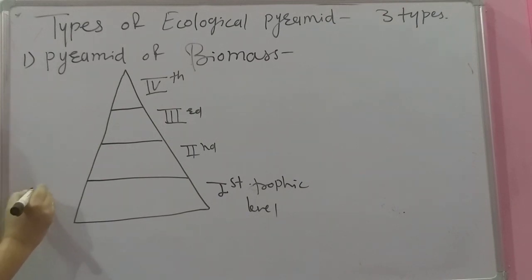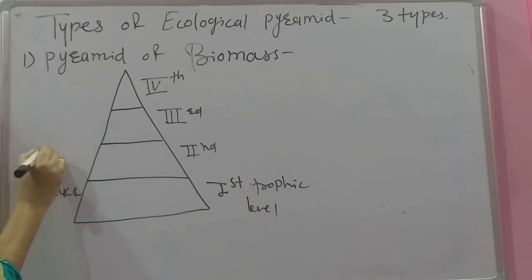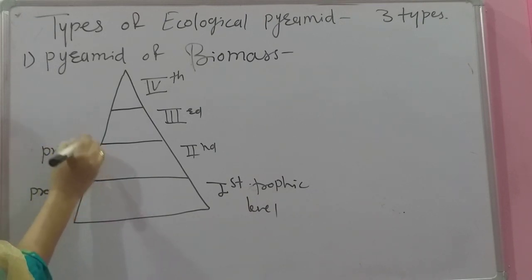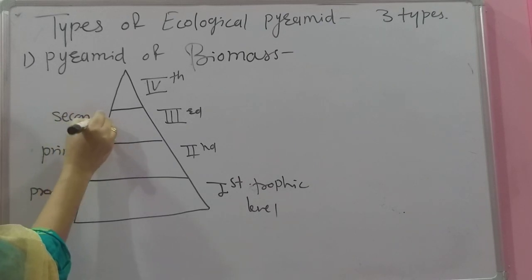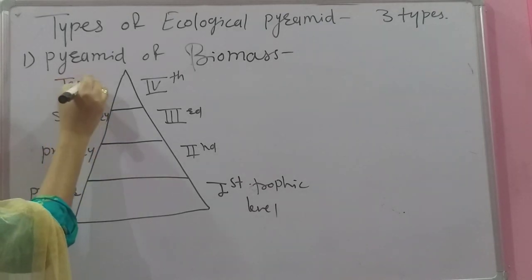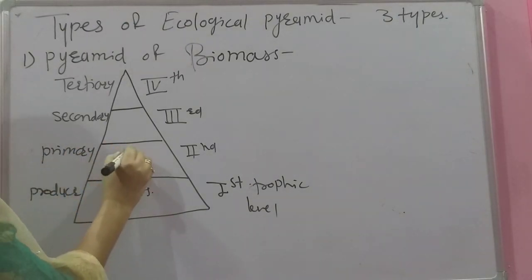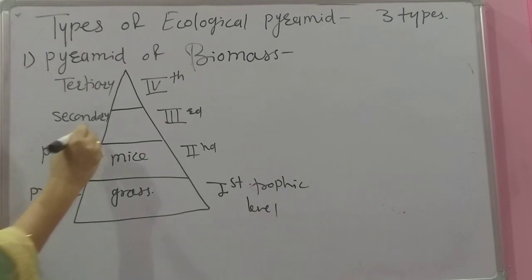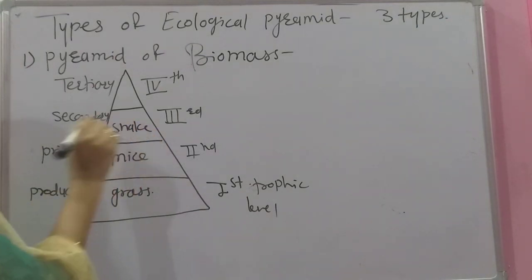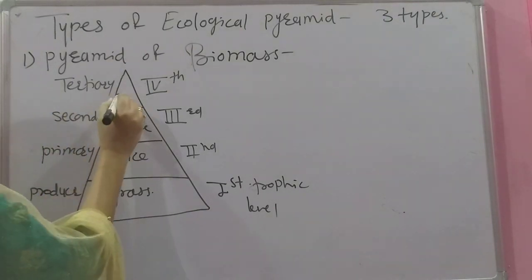Then producers, primary consumer, then secondary consumer, then tertiary consumer. For example, in the grassland ecosystem, the producers are the grass, then on this grass depend the mice, then the snake, then the owl.